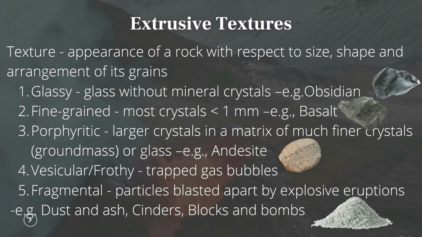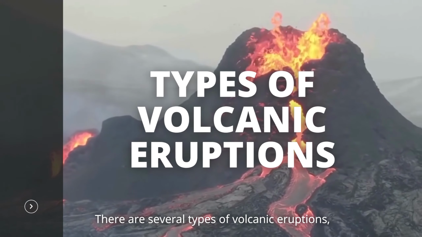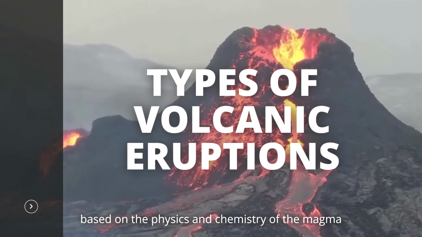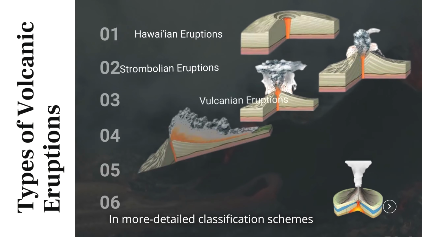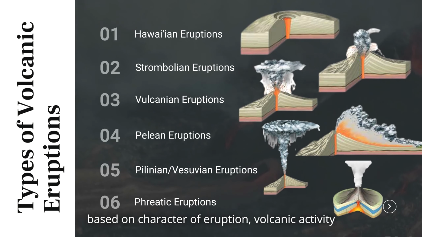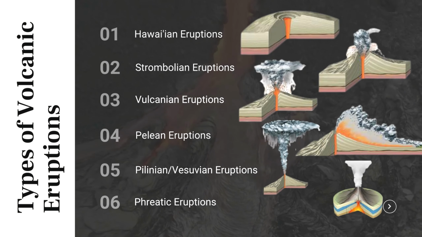And fragmental: particles blasted apart by explosive eruptions, for example dust and ashes, cinders, and blocks and bombs. There are several types of volcanic eruptions based on the physics and chemistry of the magma. In more detailed classification schemes based on character of eruption, volcanic activity and volcanic areas are commonly divided into six major types.